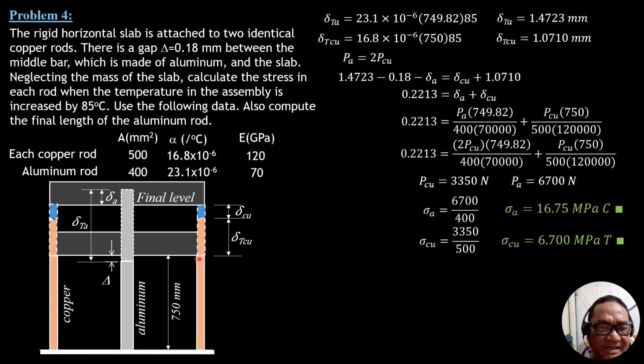Then finally, the final length of the aluminum rod is, we start at 750, then add these two deformations, delta Cu and delta TCu.